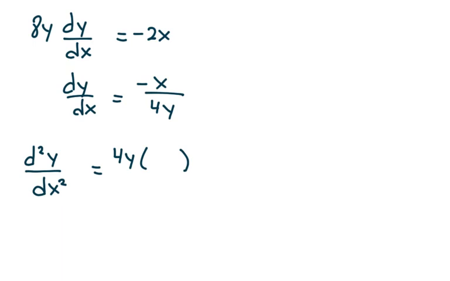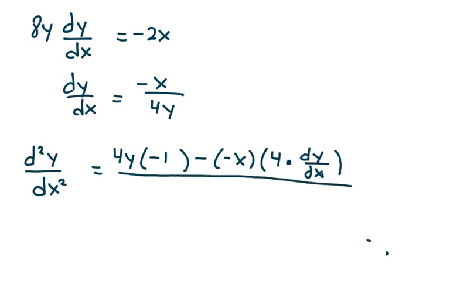So the derivative of negative x is negative 1, and I'm going to subtract the top function, which is negative x, and I'm going to multiply by the derivative of the bottom function, which is 4 times dy dx, and I'm going to divide by 16y squared.